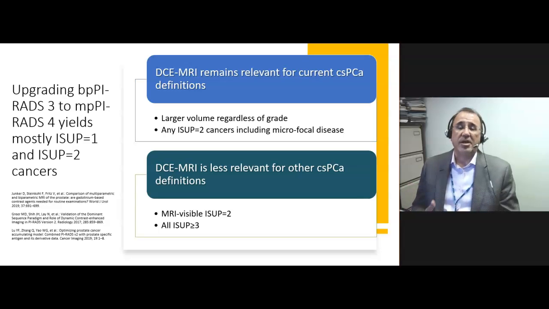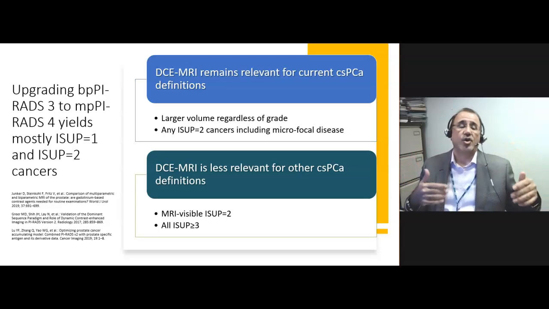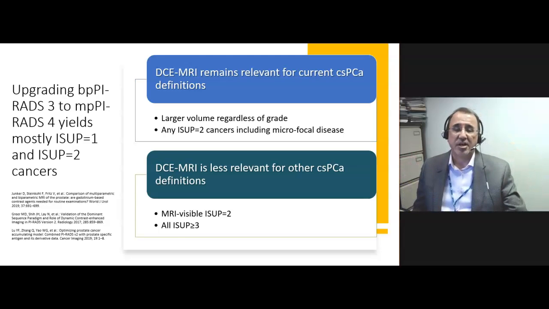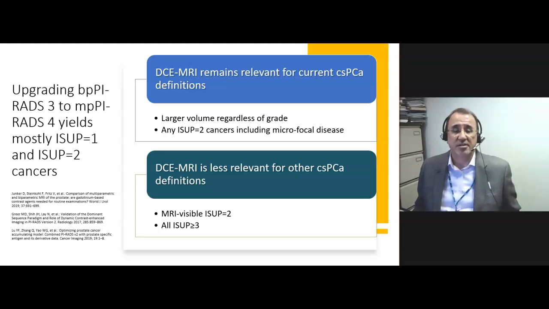Why? Because if you upgrade from a 3 to a 4 using contrast enhancement, the majority of the lesions are of course insignificant cancers, but there are some significant cancers in there. So current definitions are that larger volume, regardless of grade, is considered by many urologists as being clinically significant. And this may be the case in your center.